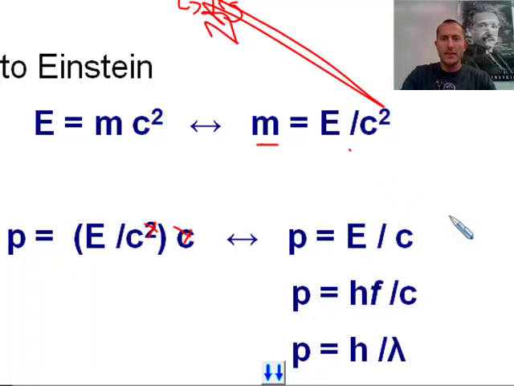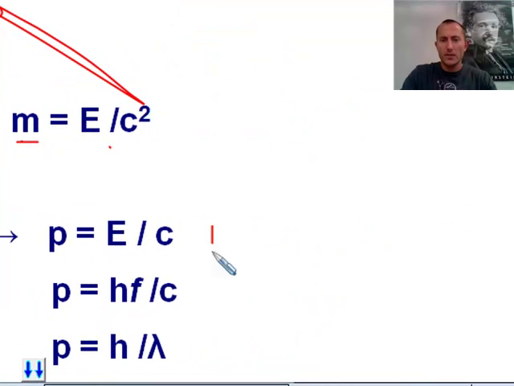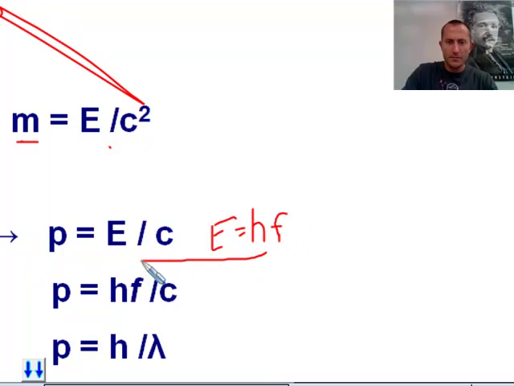Well, remember that from Einstein's equation, E is equal to hf. And so we can plug that in for the energy here. And so we get the momentum is equal to hf divided by c, the speed of light.